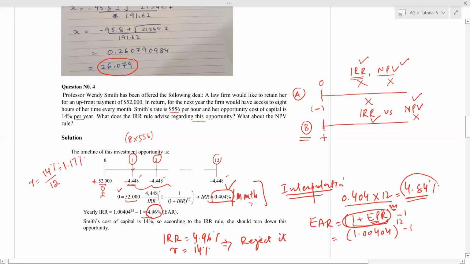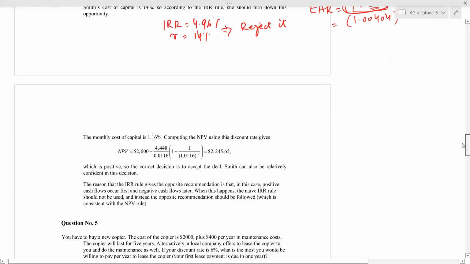Okay, because IRR should be higher than your cost of capital. Let's see what the NPV rule says. If you calculate the NPV, the monthly cost of capital is 1.16%. Sorry, I wrote 1.77%. So it is 1.16%. Compute the NPV using this discount rate.